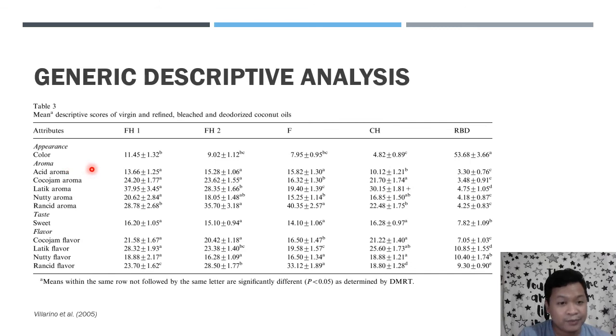Okay, so you could see here na merong mean plus minus standard deviation, and then yung significance groupings, yung superscripts, wherein if two samples have the same superscripts, then they are similar, whereas if they have a different superscript, they are significantly different at p of less than 0.05.